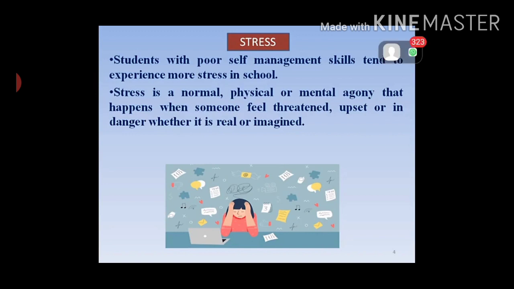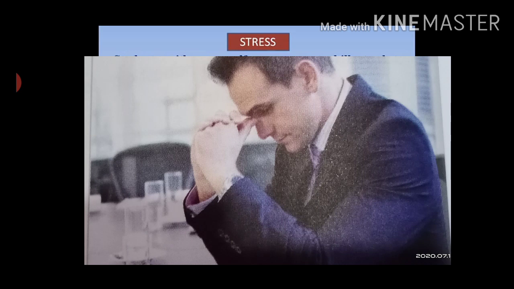That is physical stress and mental stress that really threatens us, and it puts us in more danger. We can't imagine that a stressful life is a very heavy life, and it is very difficult for us to live with stress. Stress is defined as an external stimuli that triggers changes in one's personality.